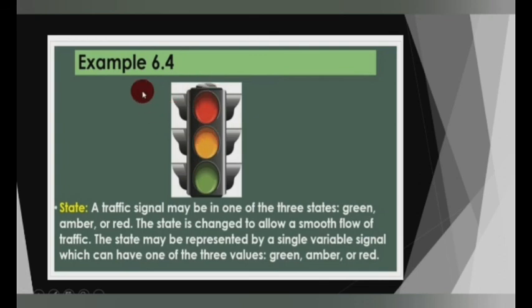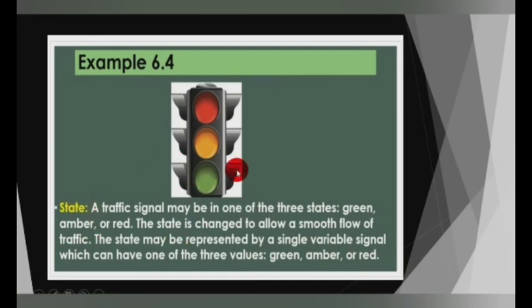Depending on the value passed to this traffic signal. The state may be represented by a single variable, signal traffic, which can have one of the 3 values: green, amber or red. So can you understand how the state can be changed?